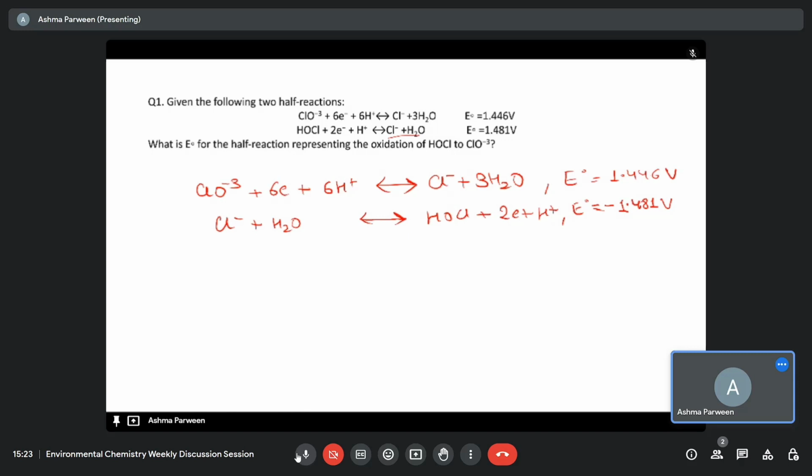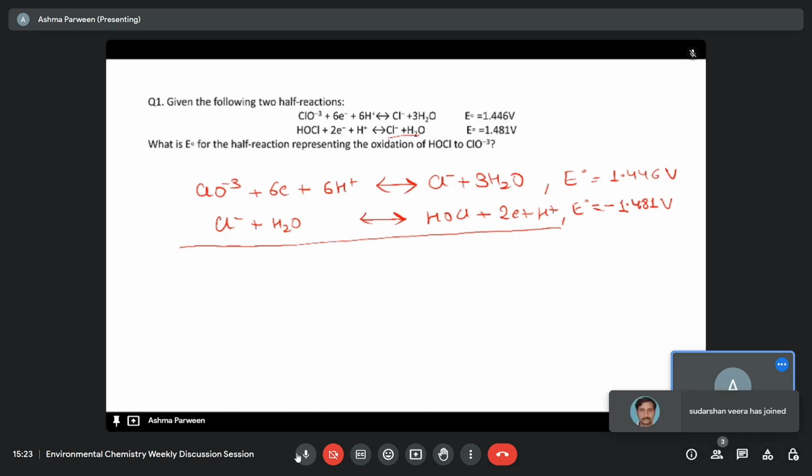Now we have to just add these two reactions. Also from the Nernst equation, we know that E naught for any particular reaction does not depend upon the number of electrons transferred between two reactions. So we can simply add the E naught values for these two reactions to get the overall E naught.